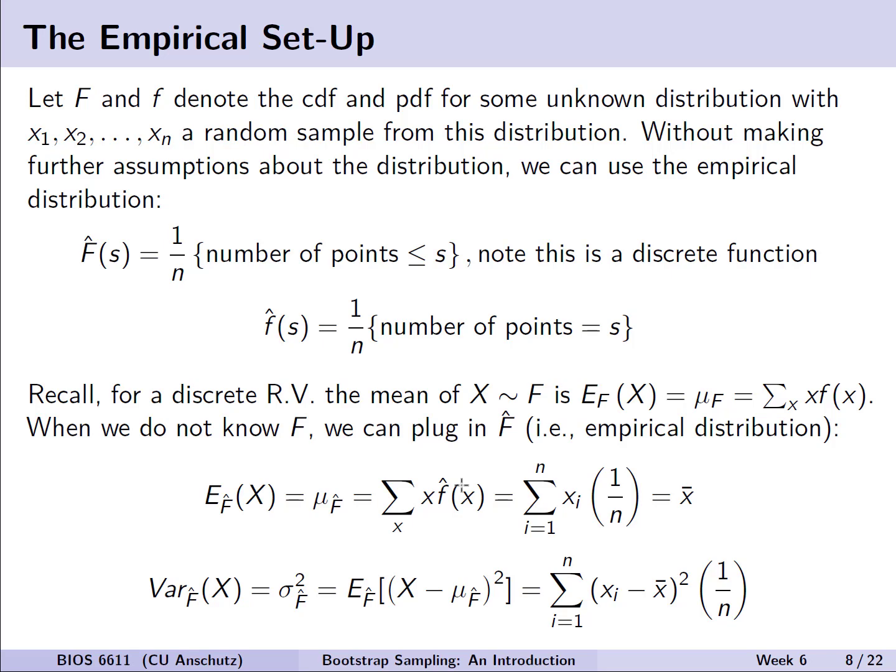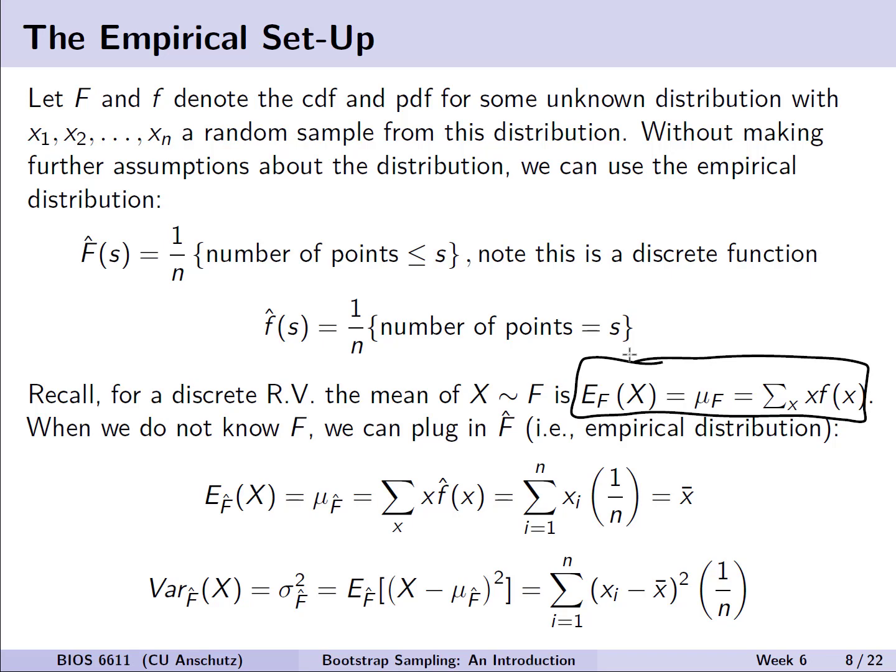Now, note when we discussed the probability theory earlier in the semester, we calculated the expected value of x for some known distribution f as just the sum of the value of x times the probability mass function f of x.